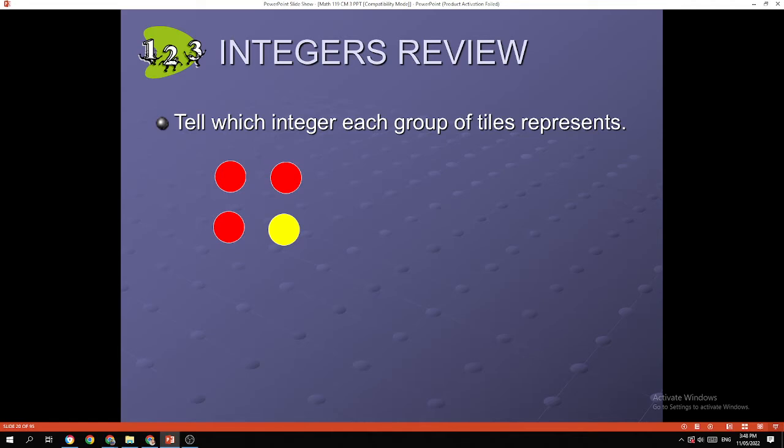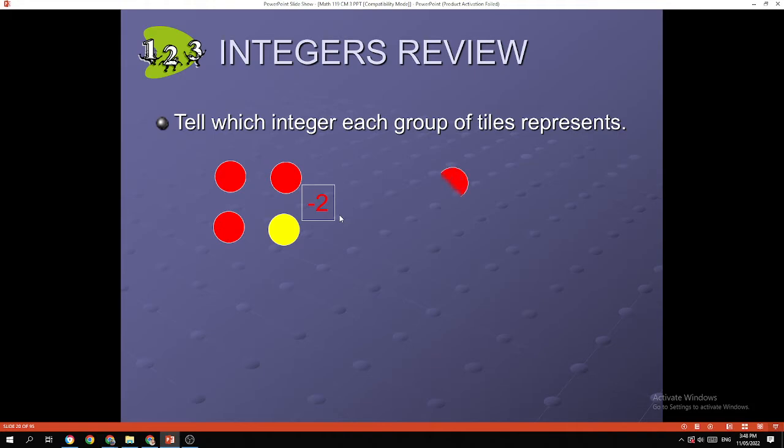Negative 2. Will you agree with your classmate? Is it negative 2? Yes, sir. Yes. Because for this zero pair, I will cross it out, and what remains is the answer for this figure. It is negative 2.